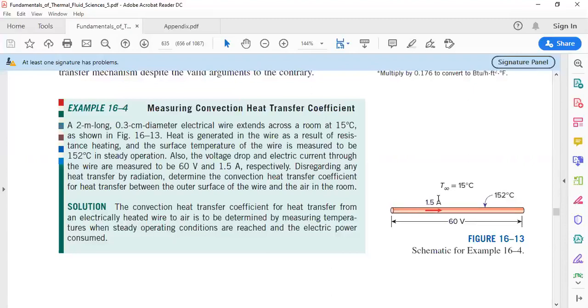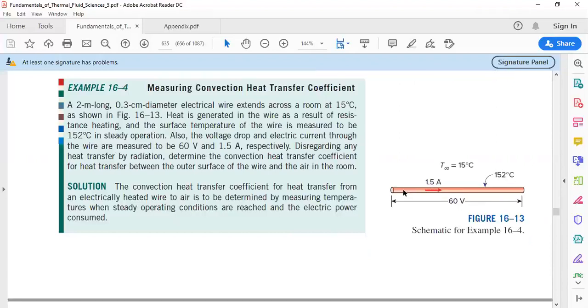Here, it's obviously a convection problem in order to calculate the convection heat transfer coefficient. So here, the surface is assumed to have a constant temperature of 152 Celsius degrees. Now, we apply the procedure to solve this example.